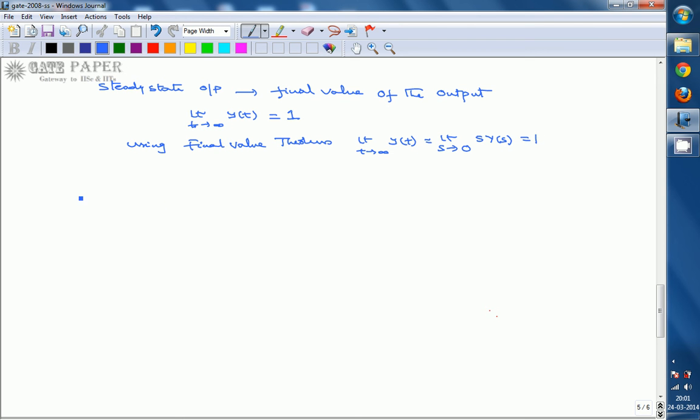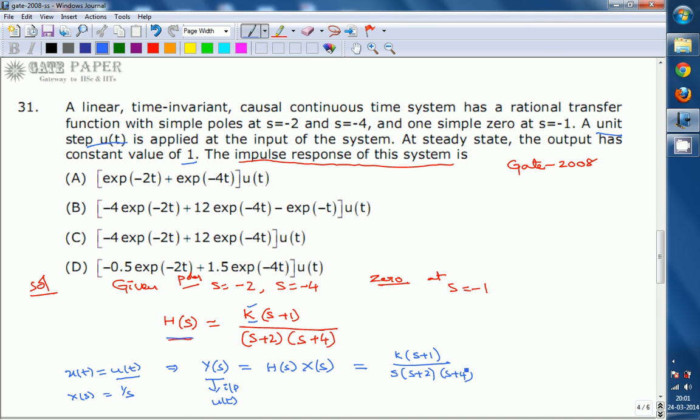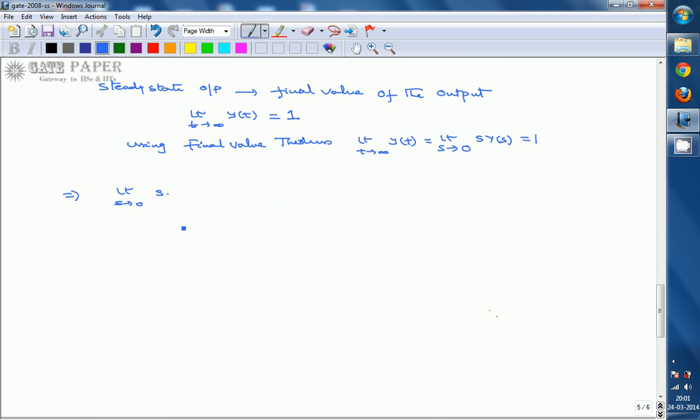So substitute Y of s here. The limit s tends to 0 of s into K into s plus 1 divided by s into s plus 2 into s plus 4 is given as 1.